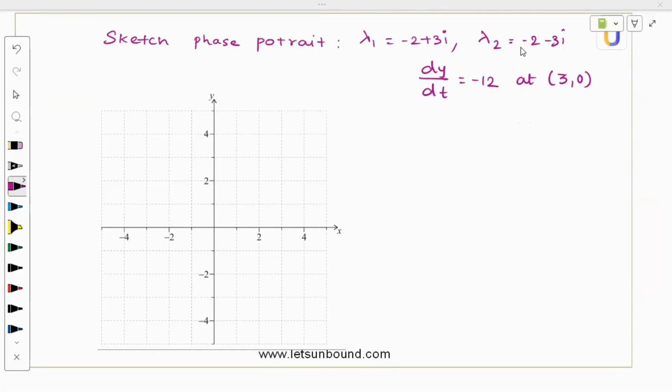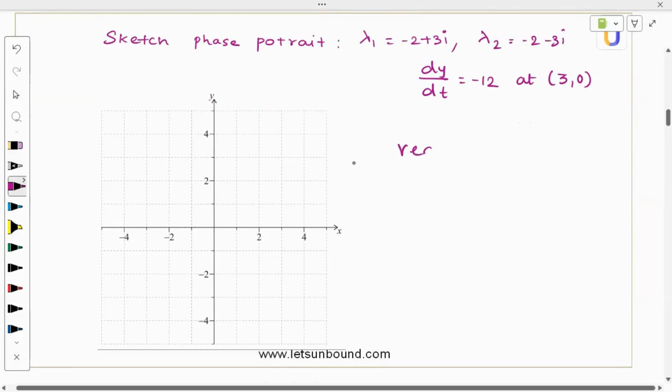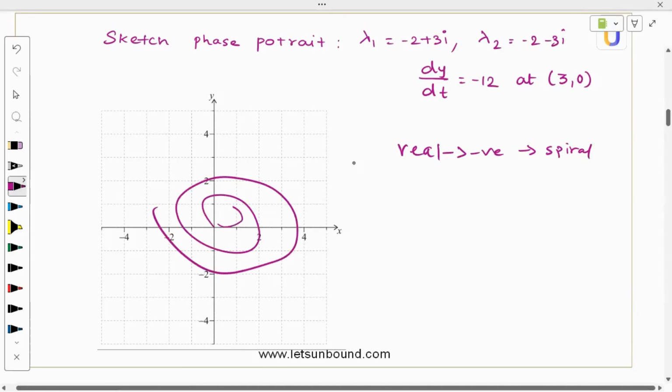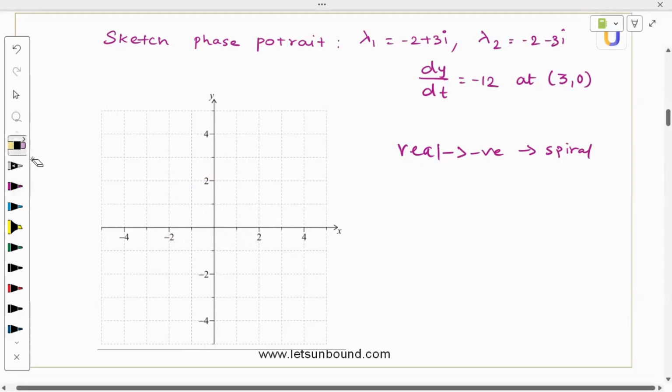And we have to check the real part, whether it's positive or negative. The real part is negative. If the real part is negative, then you will have a spiral kind of structure. Spiral means it will go like this and then it will go like this, right? So what kind of spiral should it be? Which direction should it be?